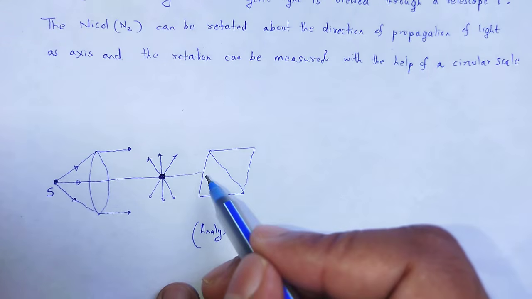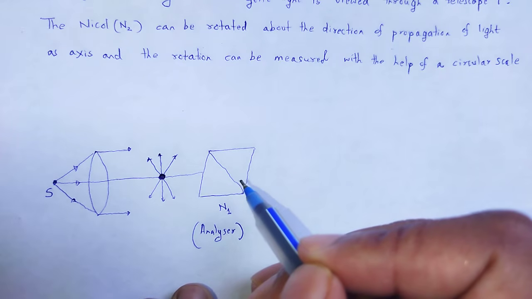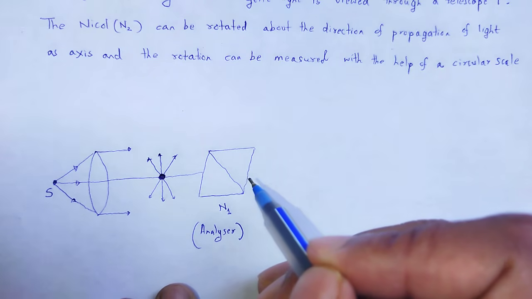That nicol prism acts as a double refracting crystal.